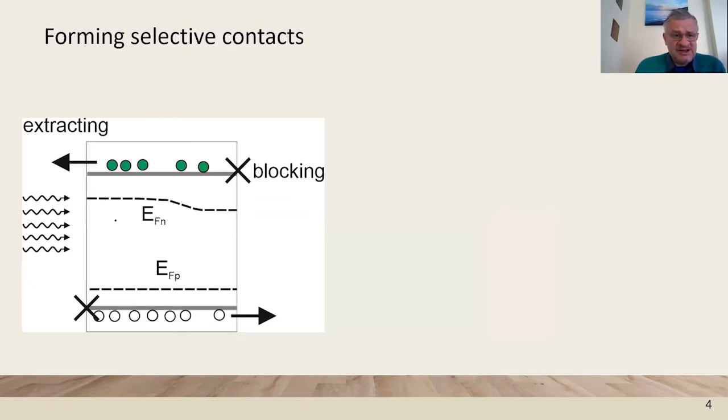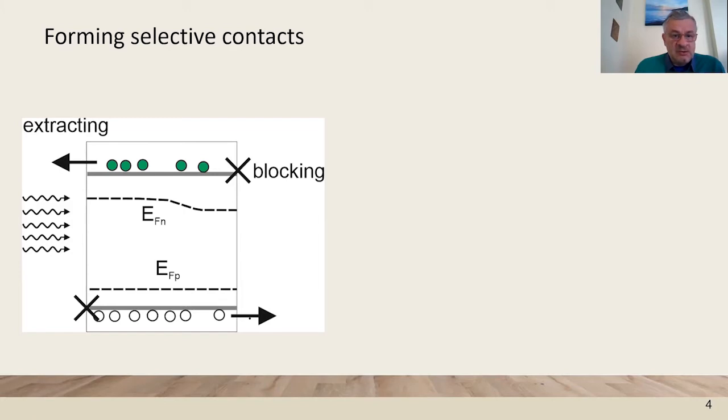So here we insist in the structure of the selective contacts. So it means that one contact is going to extract one type of carrier with a low investment in a step of Fermi level, but the other contact is going to block these carriers, and vice versa.